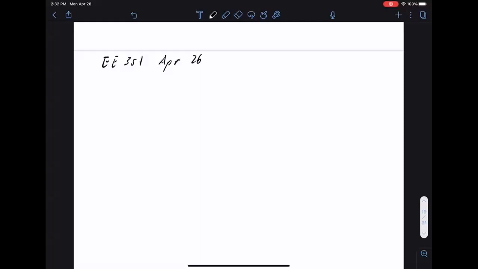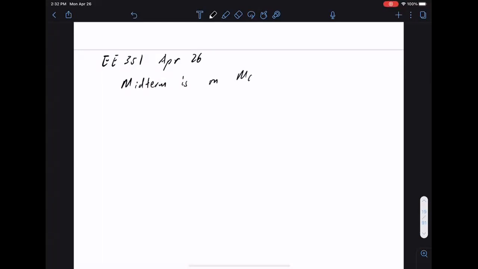So before continuing on with solar, a reminder, right? Midterm is next Monday, May 3rd, and this will cover up to this Wednesday.